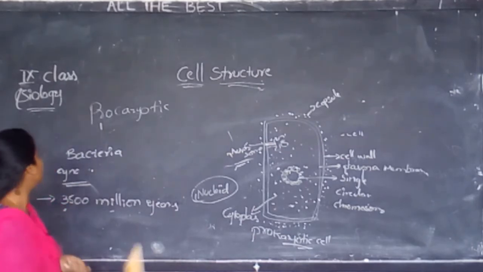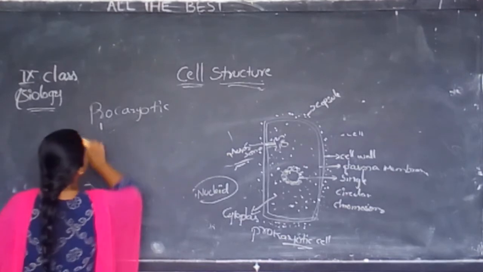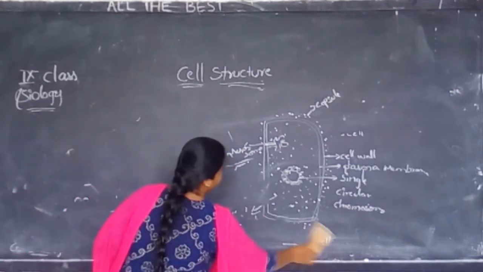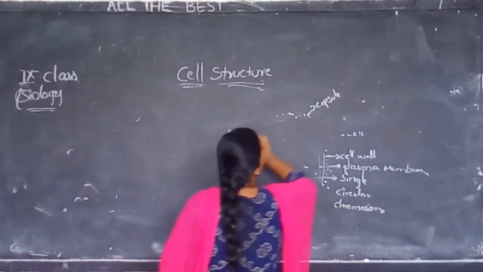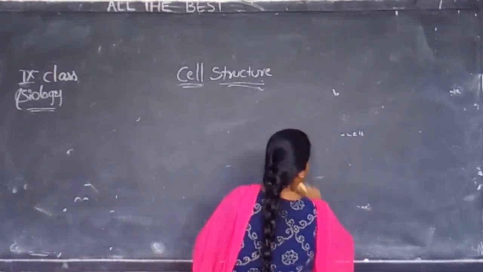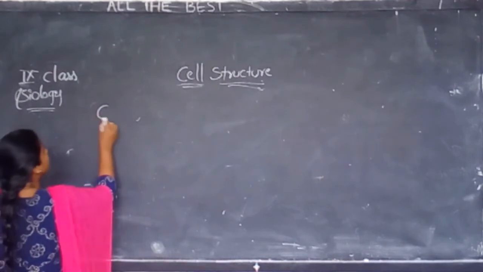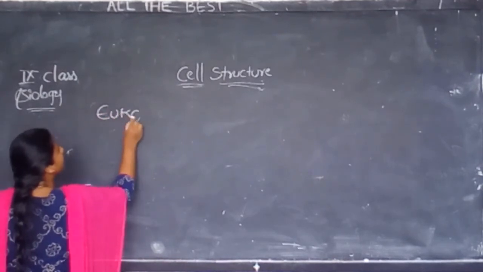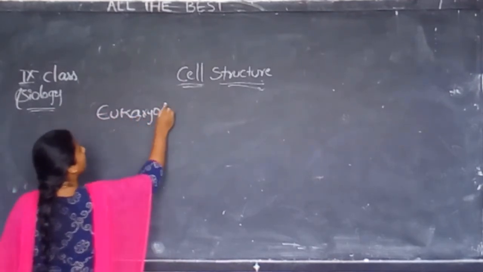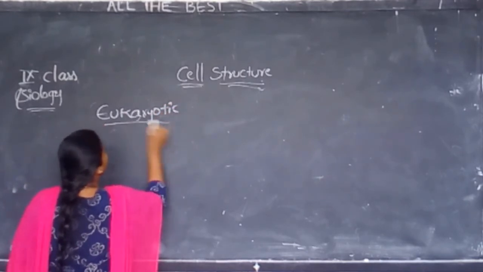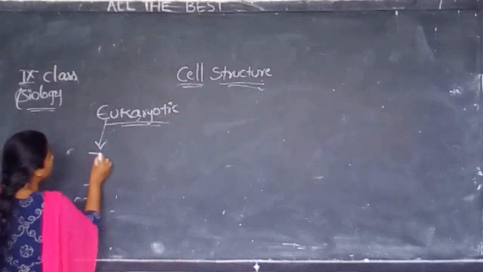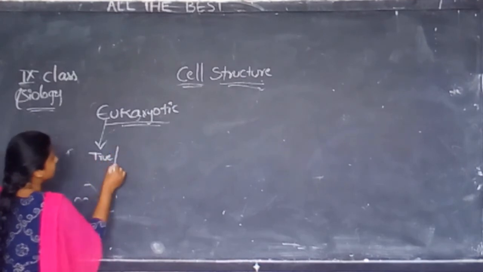Now we'll see the eukaryotic cells. What is eukaryotic? Eu means true and complete.